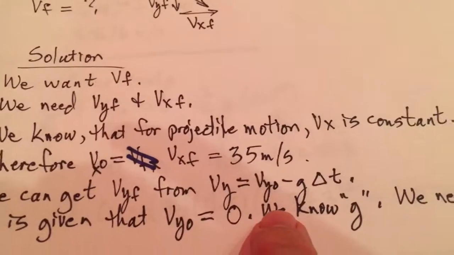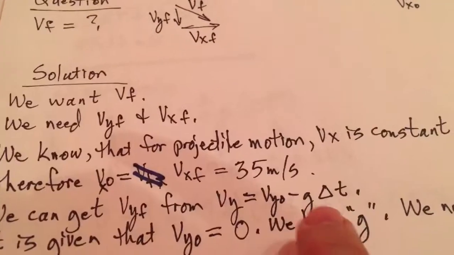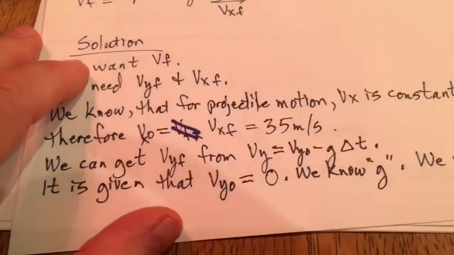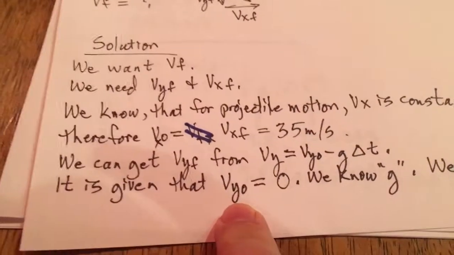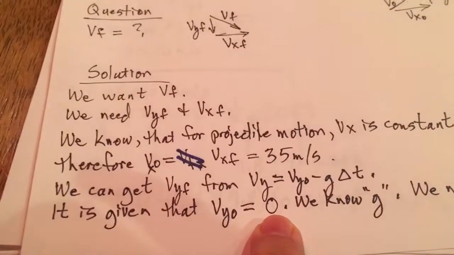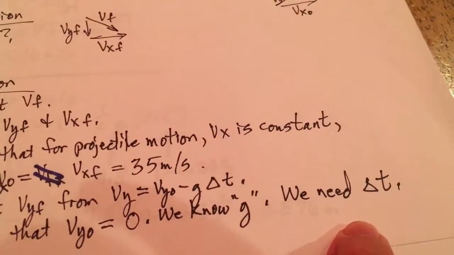Velocity in the y direction at whatever point equals the initial velocity in the y direction minus g times change of time. It is given that the initial velocity in the y direction is 0 because the ball was thrown horizontally. We know g, and we need change of time.